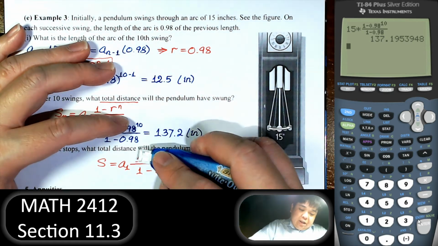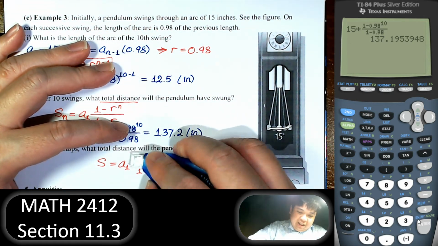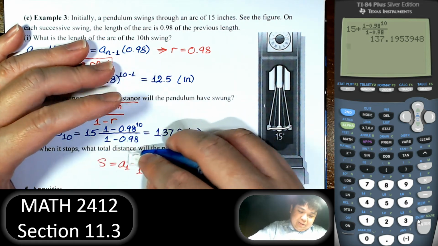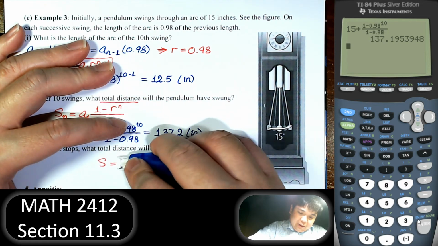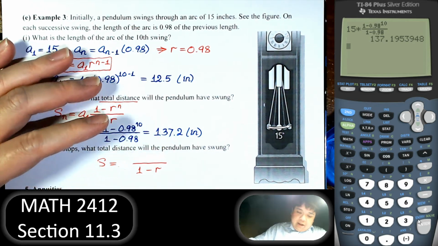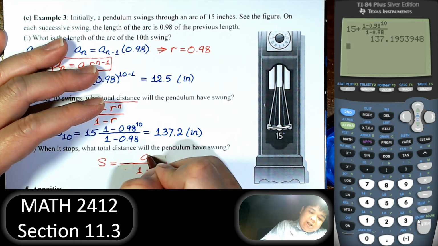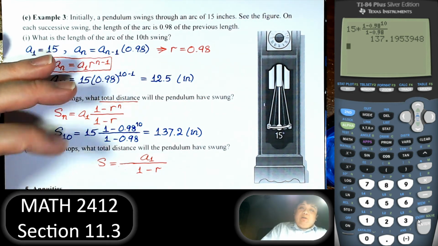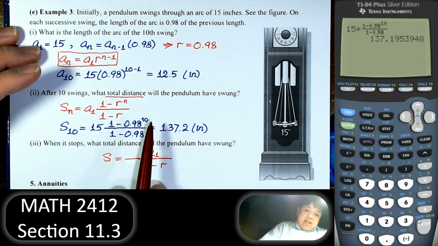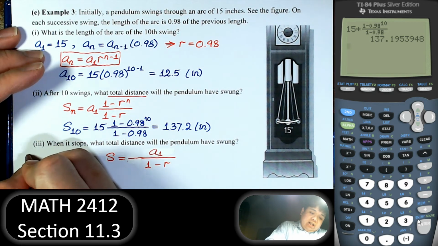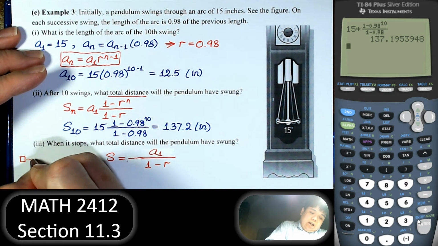I'm sorry, this is the sum of a geometric series, meaning that it goes on forever. And in this case, the ratio is 0.98, which is between -1 and 1.